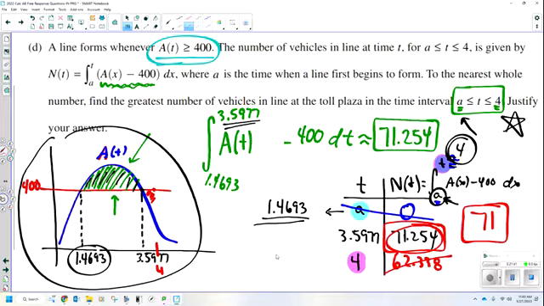It just gets tough when you have the lower bound as A for a variable which is t. But once you make the connection that your A value is where you start the cars lining up, which again, if I look at my graph, bottom left, the cars start lining up at 1.4693. So that's your A value.